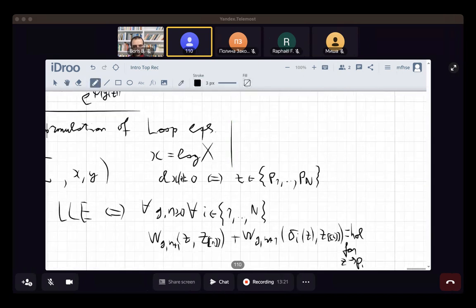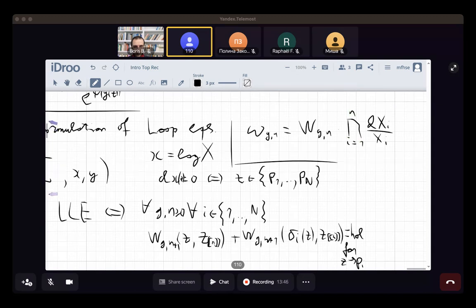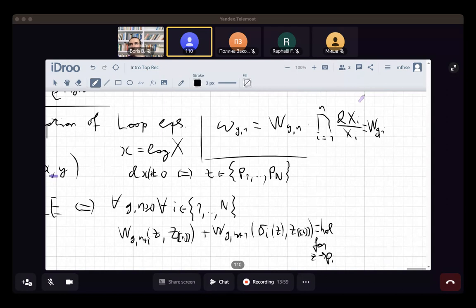Omega_{g,n} is W_{g,n} times the product of dx_i over x_i, i from 1 to n, which is the same as W_{g,n} times the product of small dx_i. So this is how omega is related to W.